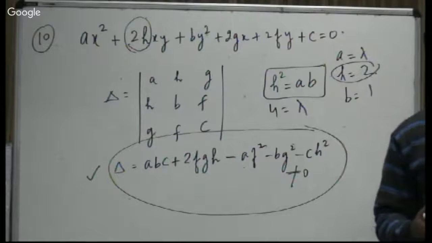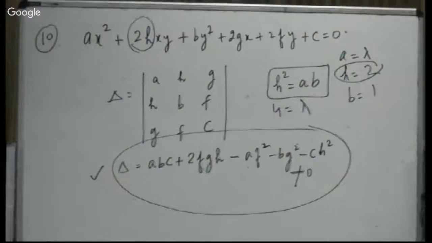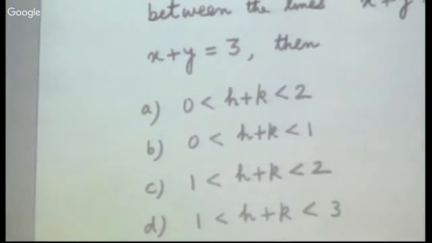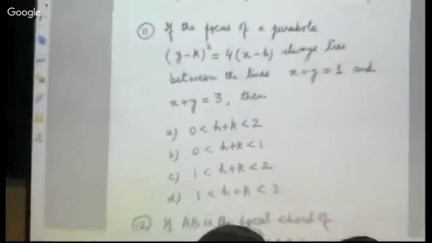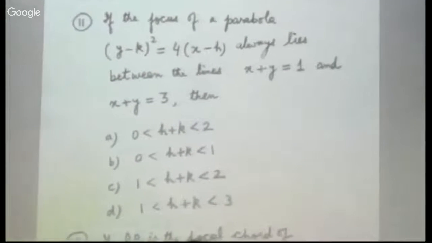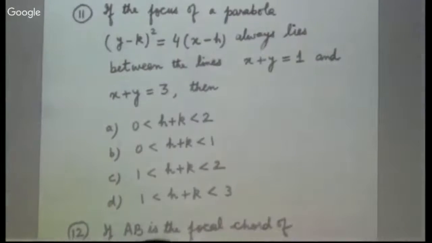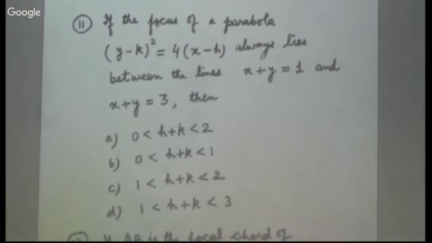Next question, 11th. Now the focus of the parabola y minus k square equal to 4x minus h always lies between the two lines x plus y equal to 1 and x plus y equal to 3.